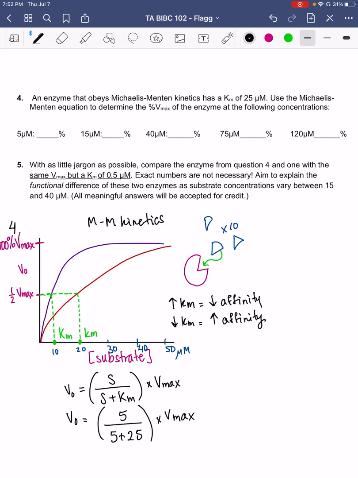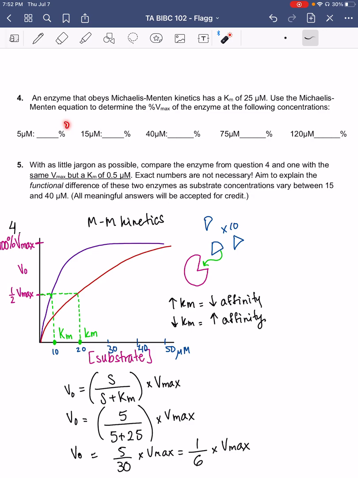And guess what we get? V naught equals some fraction of Vmax, and that fraction in this case is 5/30 times Vmax, which is the same thing as 1/6 times Vmax. So V naught is just another number on the y-axis, and it is a fraction of the total Vmax.